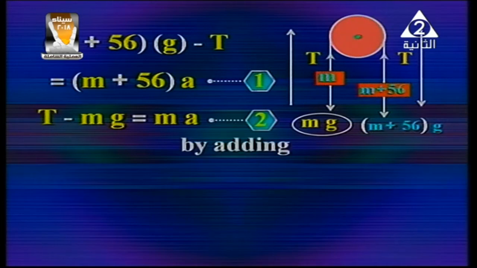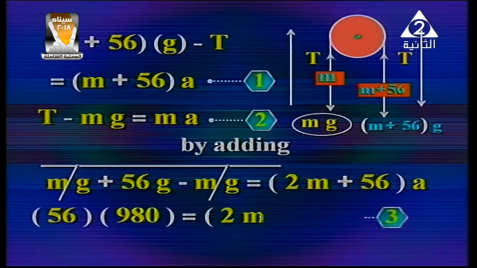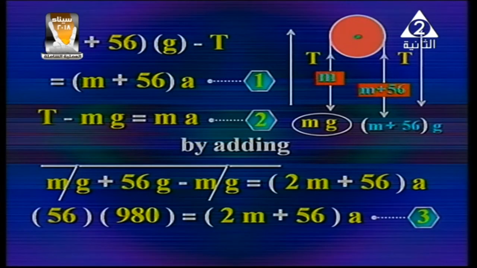By adding, we find the relation between g and a: mg plus 56g minus mg equals the bracket 2m plus 56 times a. Look, mg minus mg equals 0, then to find the acceleration, the left hand side is 56 times 980 and the right hand side is (2m plus 56) multiplied by a.